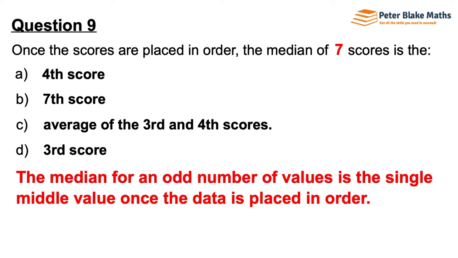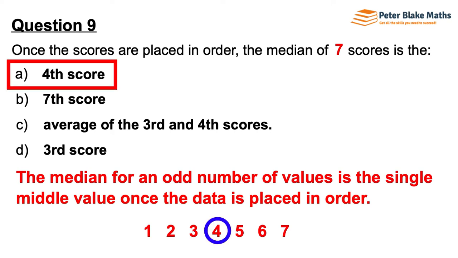We don't know the actual data itself, but we know there's 7 scores. So if we write out numbers 1 to 7 to indicate the first score, the second score, etc., we can get an idea of the median. If you look right in the middle of those 7 scores, our median is the 4th score.